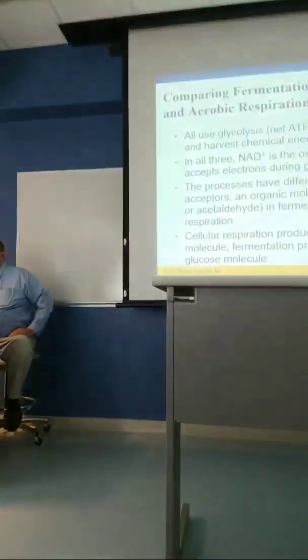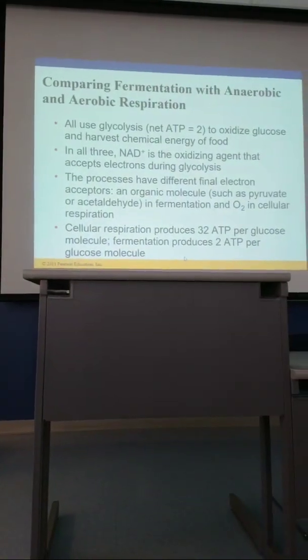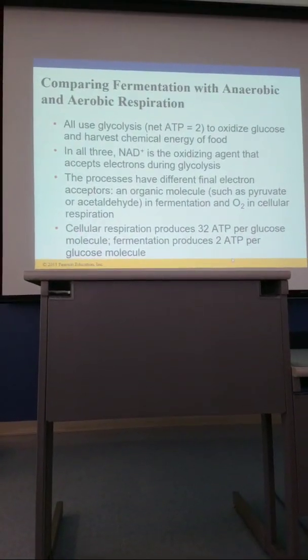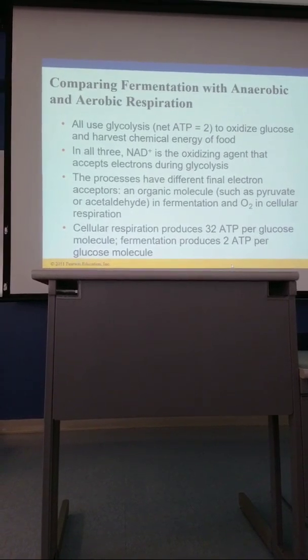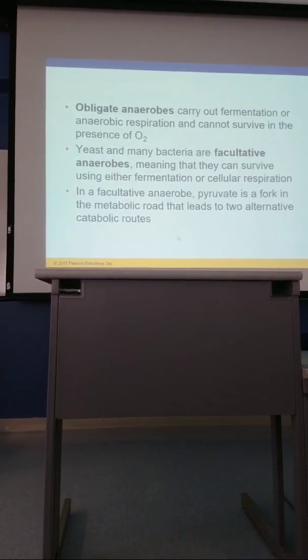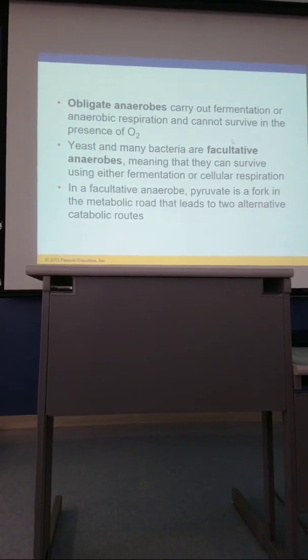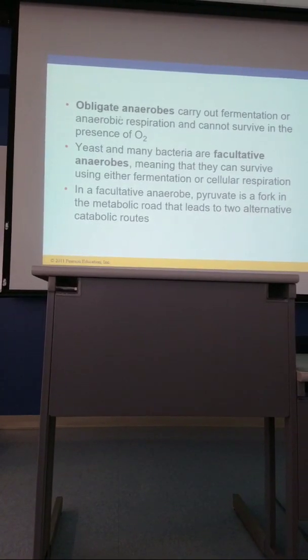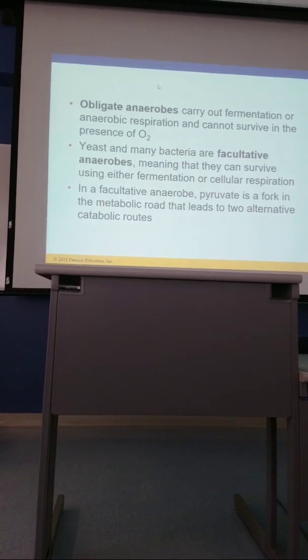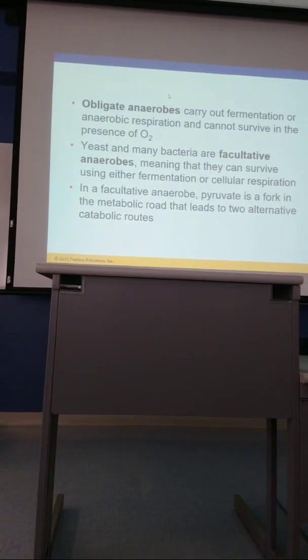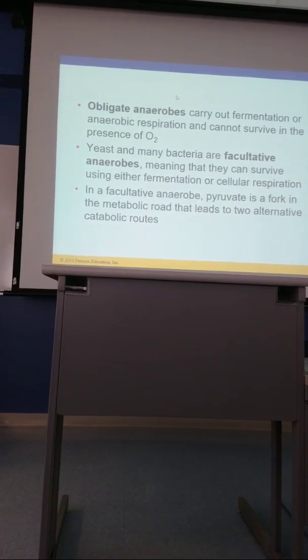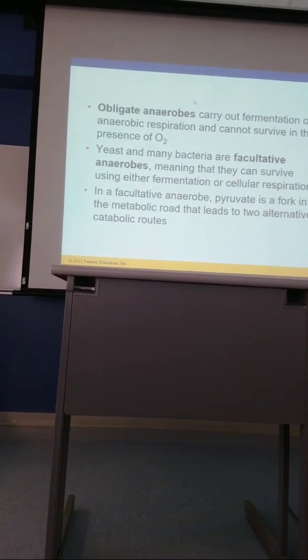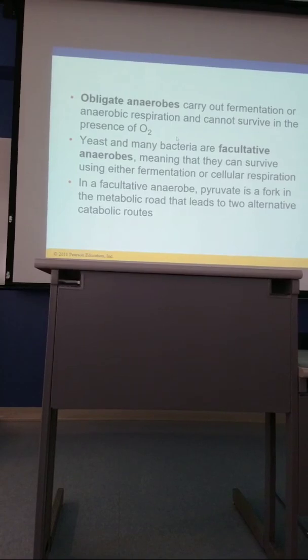Notice fermentation produces 2 ATP per glucose, whereas cellular respiration produces 32. So fermentation just does not produce enough. I want you to know these terms. Obligate anaerobes carry out fermentation or anaerobic respiration and cannot survive in the presence of oxygen.